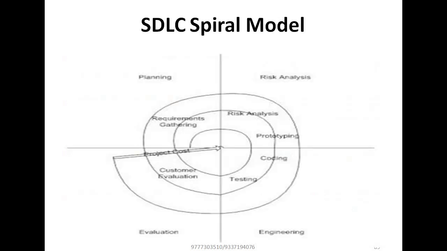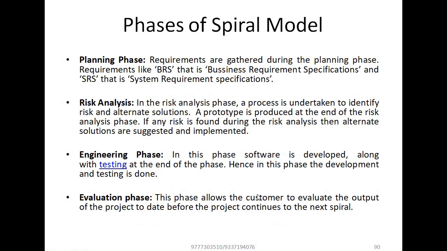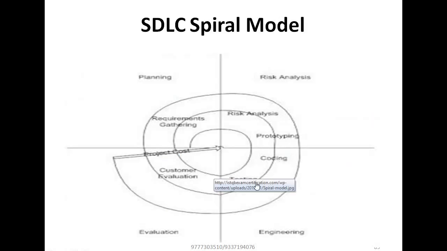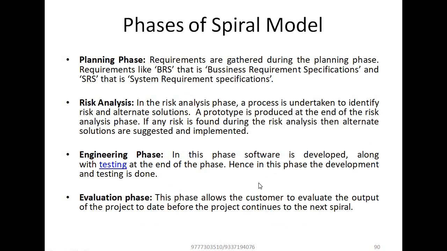Next phase is your engineering phase. This is known as the engineering phase. What happens in this engineering phase? Nothing is new, only the coding and the testing will be done. We have already discussed what the software engineers will do in the coding phase.